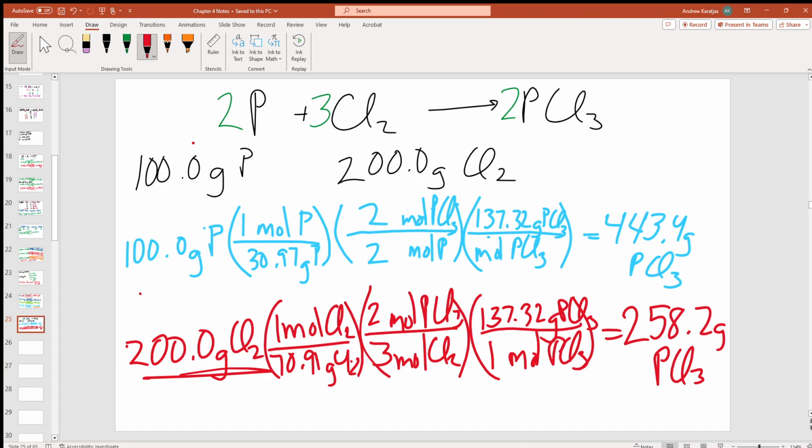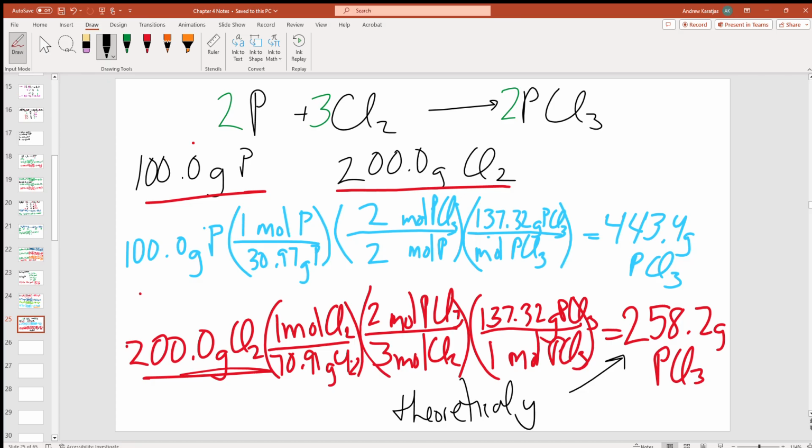So 258.2 grams is the maximum amount of PCl3 that we can form given these starting conditions. And this 258.2 would be our theoretical yield. It's the maximum yield that we can form given the amounts that we started with.